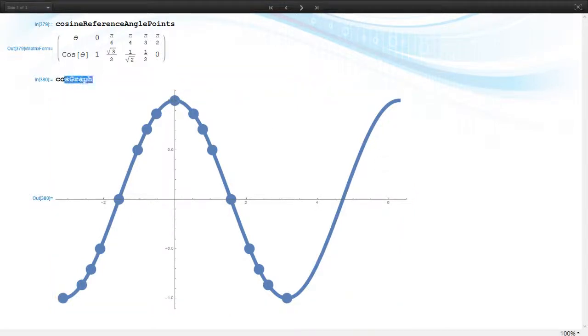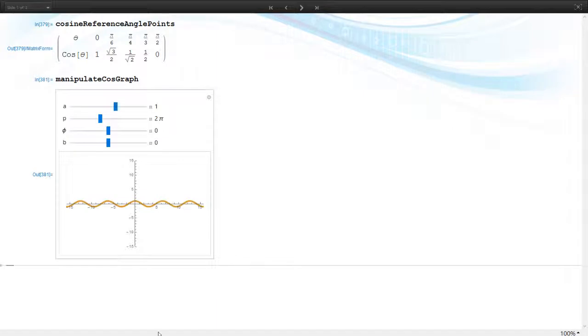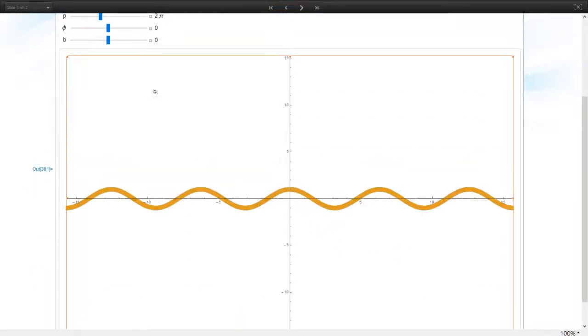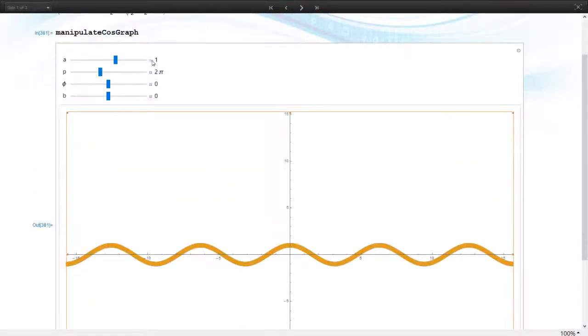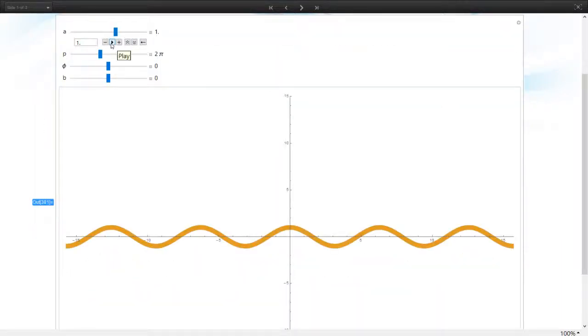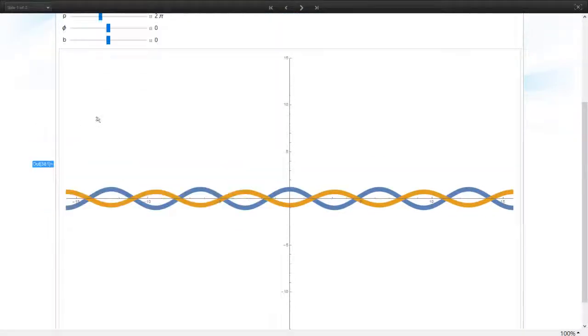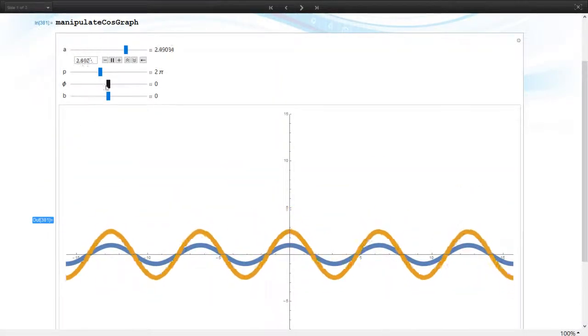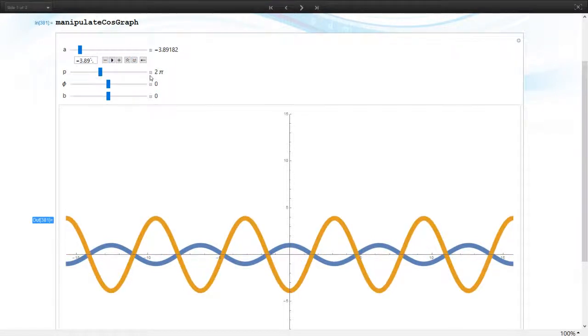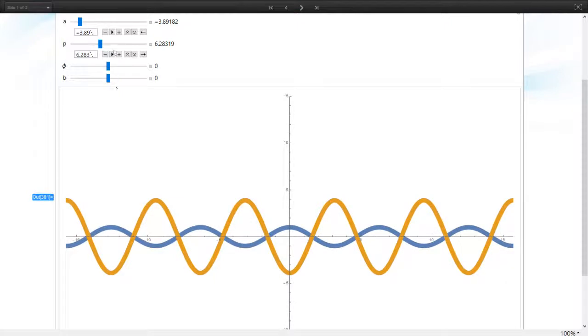The same way that we were able to manipulate the sine graph, we can manipulate the cosine graph. Make it bigger. So here we go. We can change the amplitude. We can change the period.